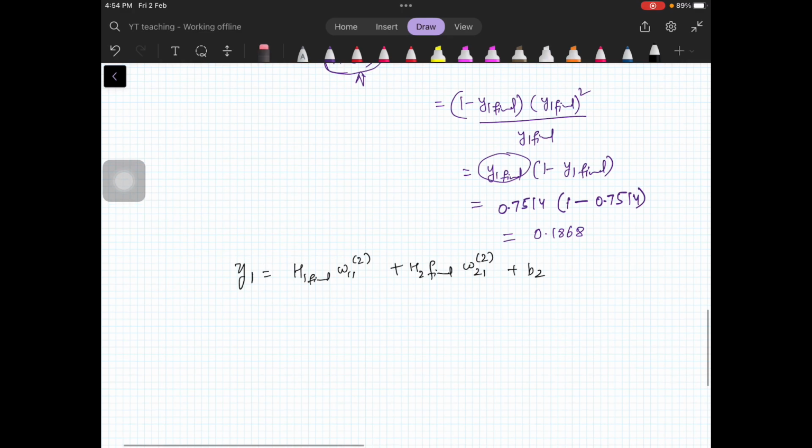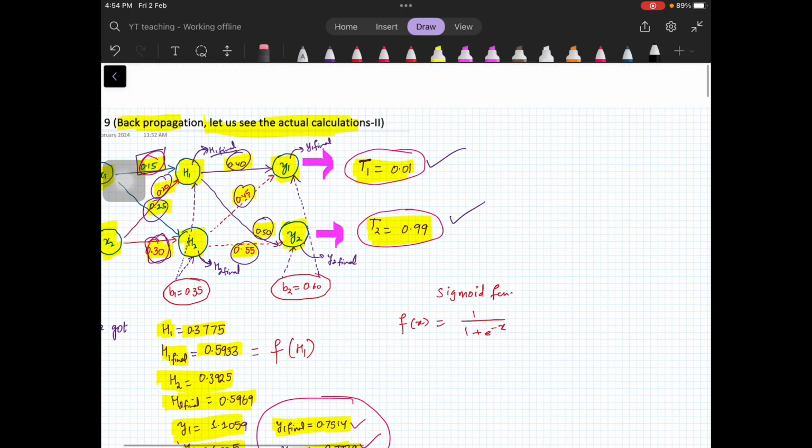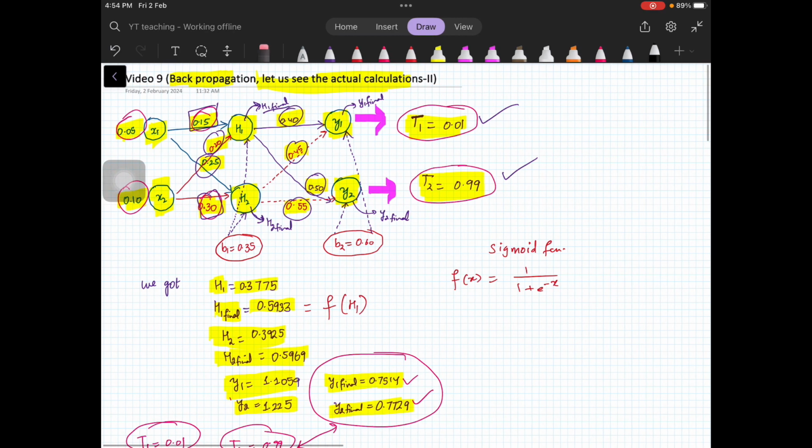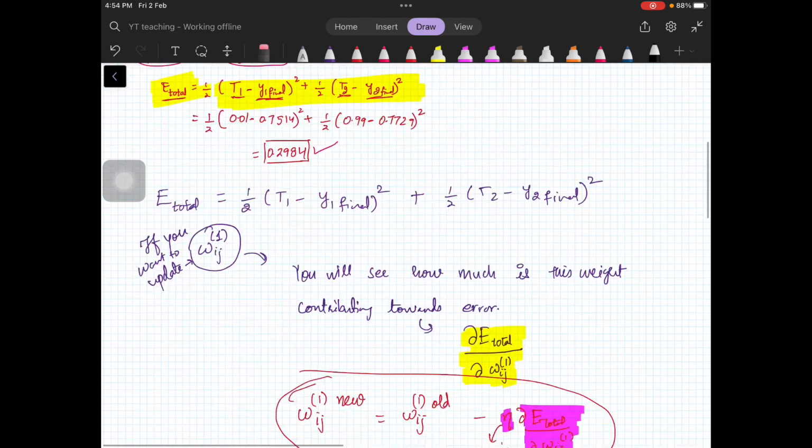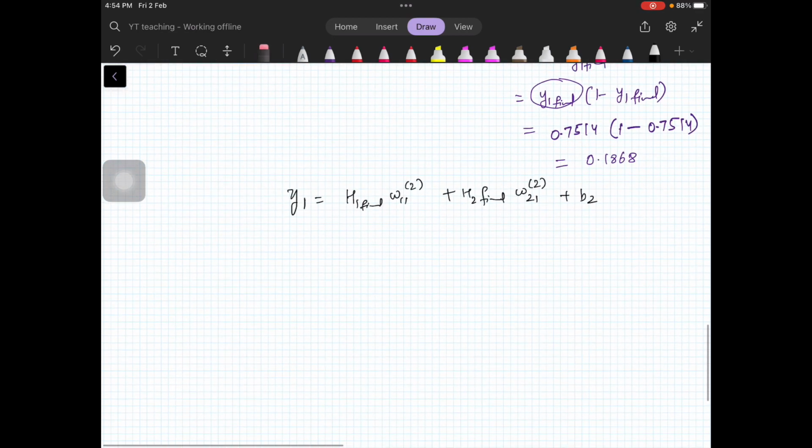How? If you look at your neuron here, you see how you are getting this Y1. Y1 is H1 times this weight, which is W112, and then H2 times this weight, which is W212, and then there is a bias term B2 also going in, right? So that's why we are writing here H1 final times W112, and then H2 final times W212, and then your bias term.